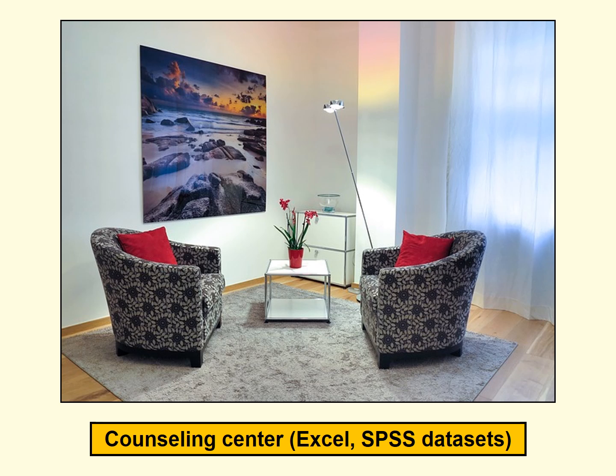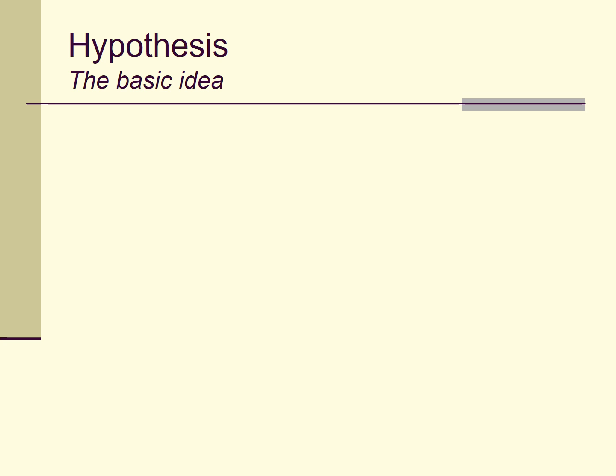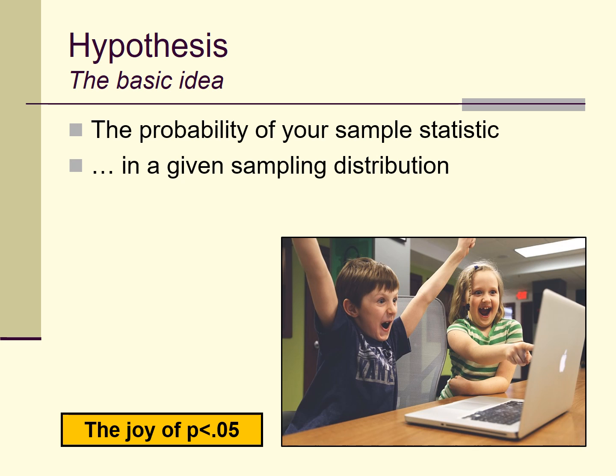So to bring us away from coin flips and disease prevalence, let's go back to that example of the College Counseling Center. The basic idea of hypothesis testing in this context is we want to know the probability of our sample statistic, like a sample mean, in a given sampling distribution.